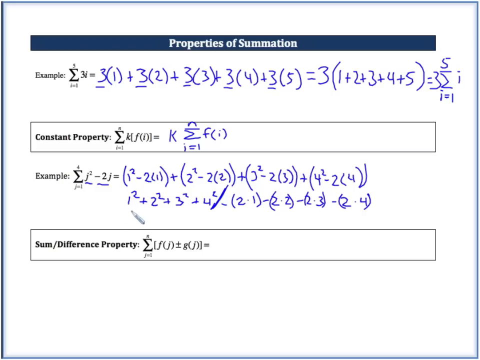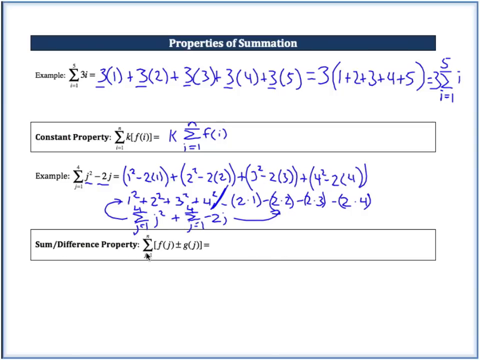And so what I could write here is the sum as j goes from 1 to 4 of the function j squared, and then plus the sum as j goes from 1 to 4 of, well, these guys right here, which would be negative 2j. So hopefully you can see that this sum belongs to this set and this sum belongs to this set.